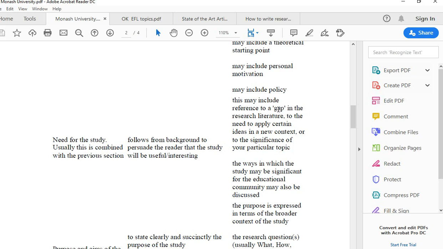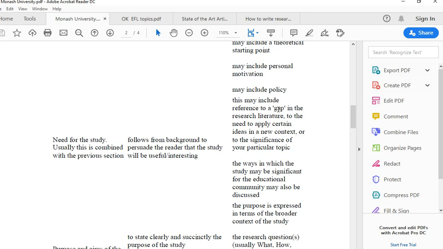I said that we have a section which is called the statement of the problem. This statement of the problem is one of the subsections of the background of the study. Therefore, in the background, you have to state the gap in the research literature, the need to apply certain ideas in a new context, or the significance of your particular topic.